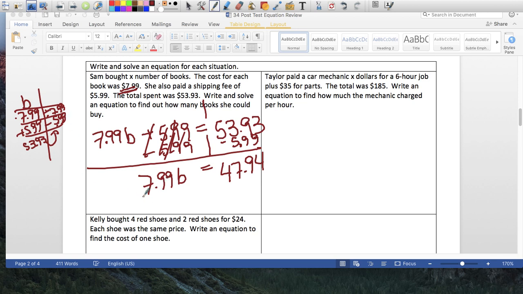Well, now I get to divide this by $7.99. And I divide this by $7.99. This becomes 1, b comes down, and 47.94 divided by 7.99 equals 6 books. But that's how many books she got.